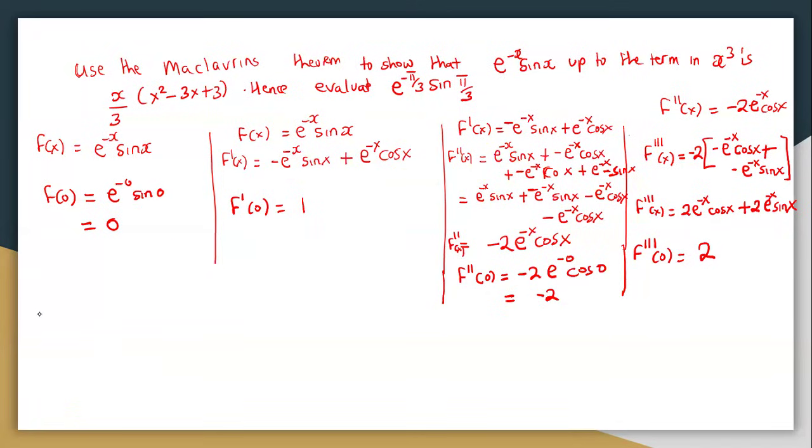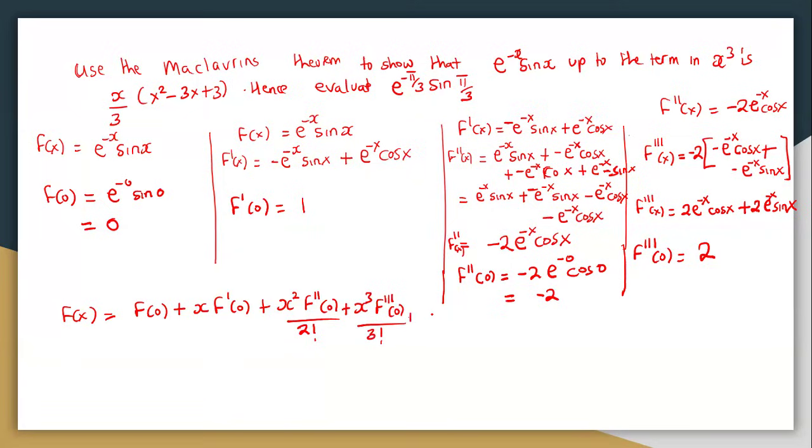exponentials. Okay, so members, now we are going to write our function again. So our function is going to be f of 0 plus x f prime of 0, plus x squared f double prime of 0 out of 2 factorial, plus x cubed f triple prime of 0 out of 3 factorial, then plus.